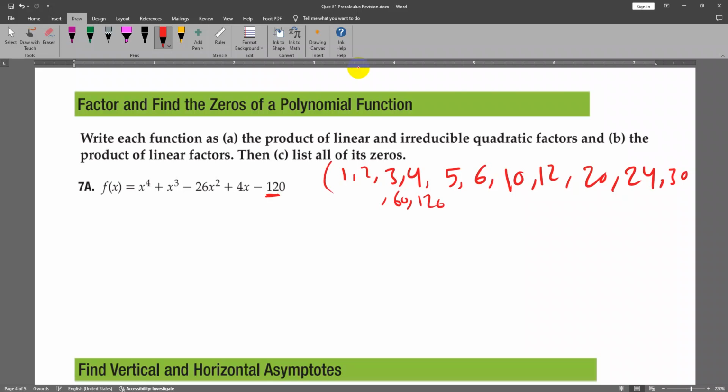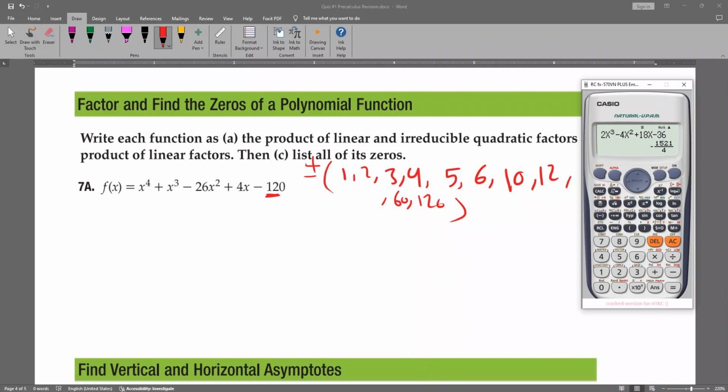All of those will be positive and negative. We'll write our polynomial and we'll try all of these, positive and negative, of course.